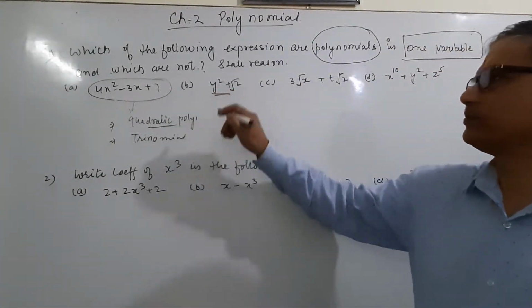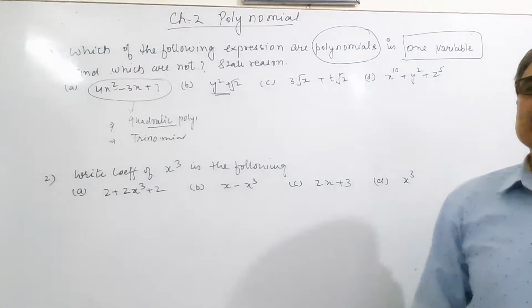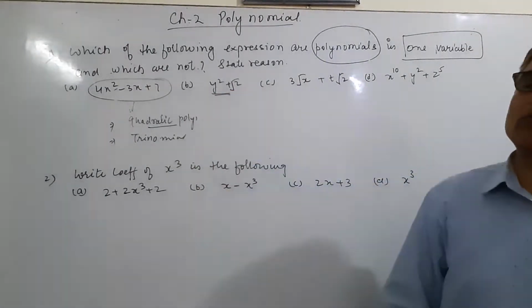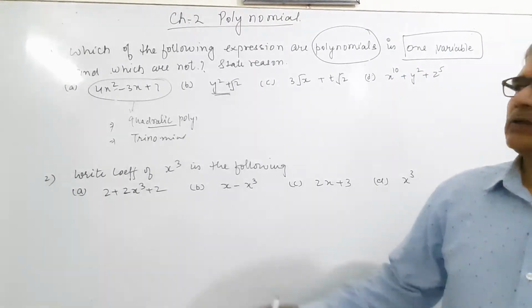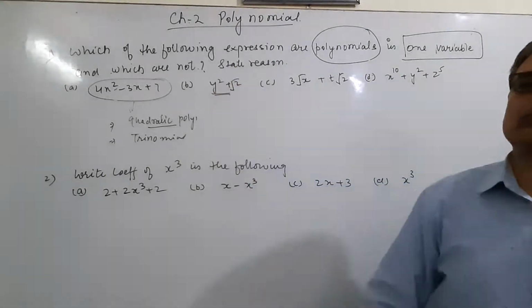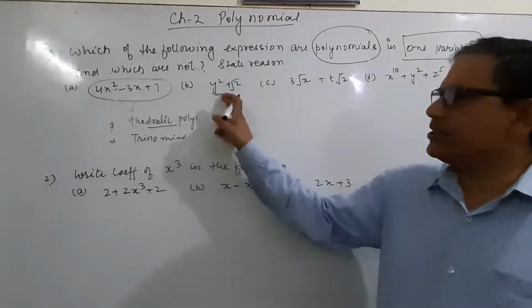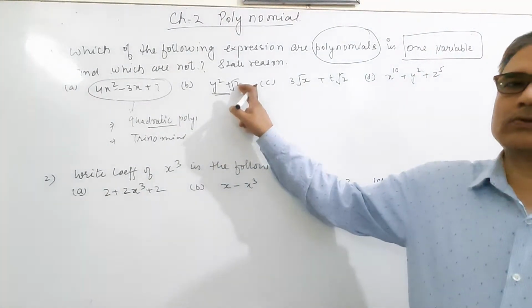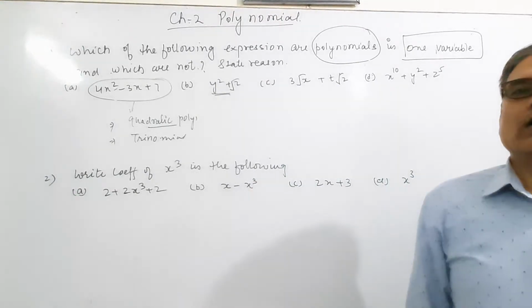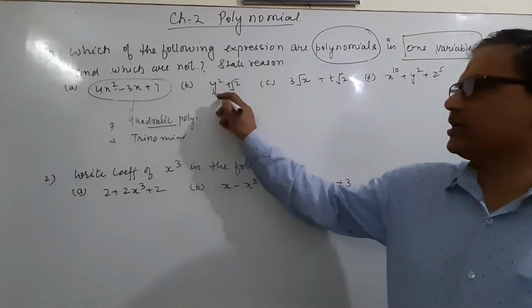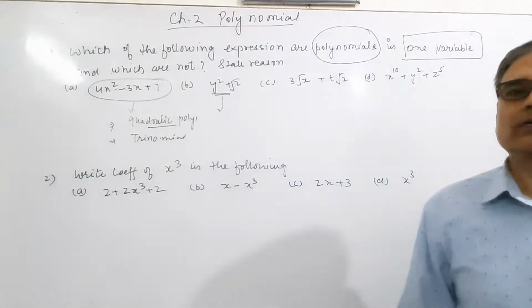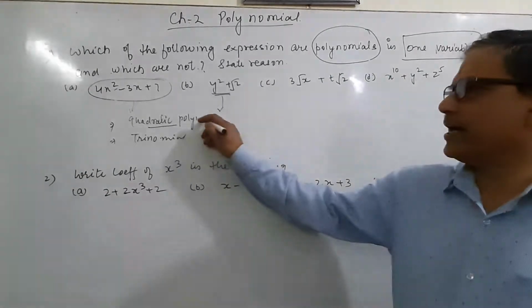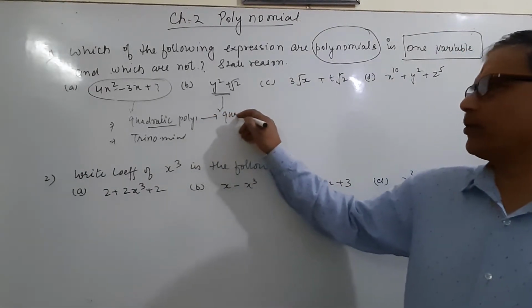And for this one, on the basis of degree, what is the name of this polynomial? The highest power is 2, so the degree of this polynomial is 2. On the basis of degree, it is again a quadratic polynomial.